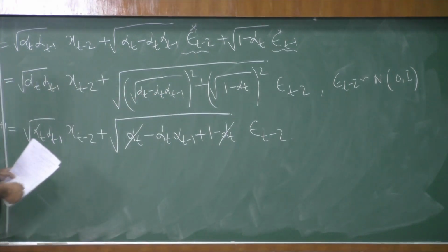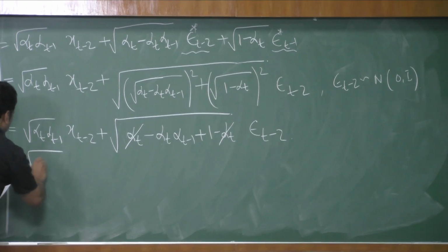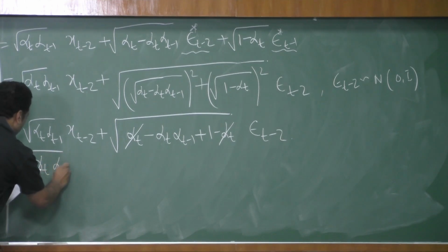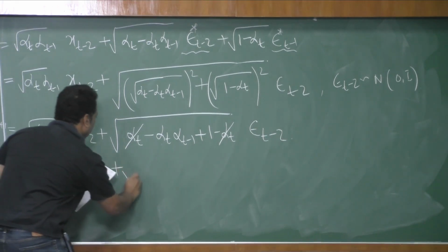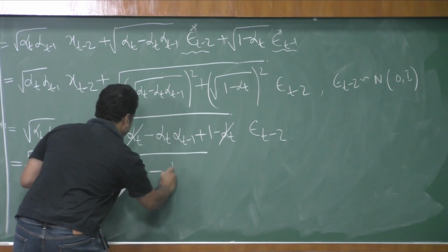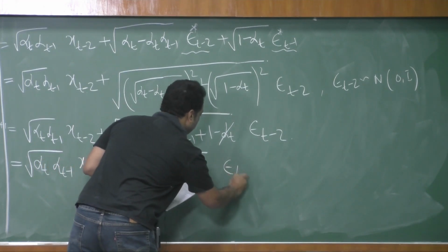This alpha t gets cancelled. So then we can write this simplified one: this is alpha t alpha t minus 1 x t minus 2 plus 1 minus alpha t minus 1 epsilon t minus 2.